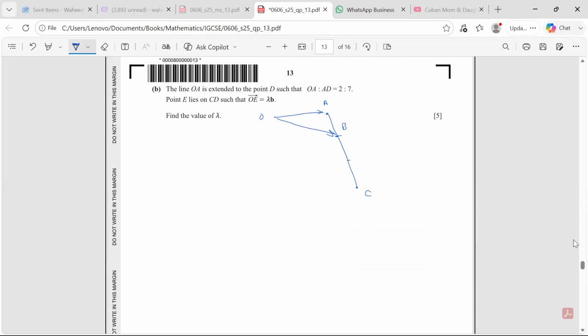Okay. Now what are they saying? The line OA is extended to a point D such that, okay, so we extend this line.